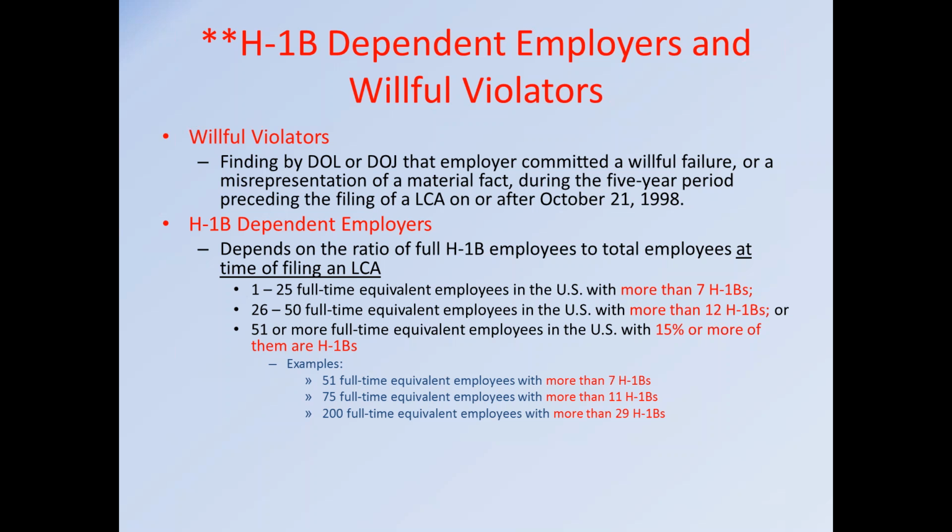This is just how the regulations were written, unfortunately. So examples: if you have 51 full-time equivalents and more than 7, back to a small employer kind of situation, then you would be H-1B dependent. 75, more than 11; 200, more than 29; etc.